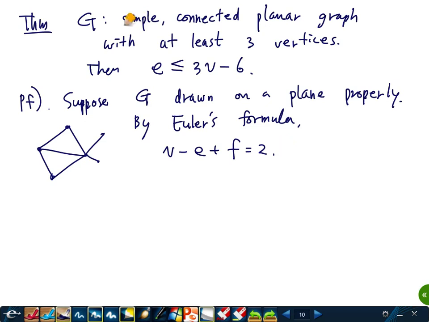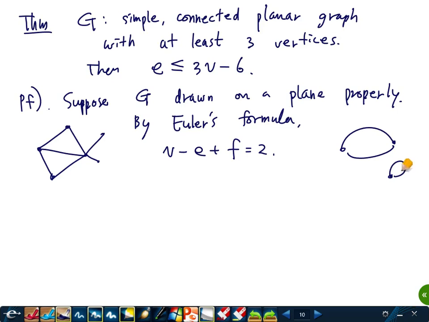Now, by the assumption it's simple, connected, planar, with at least 3 vertices, imagine a face of this graph drawn on a plane. In order to make a face, how many edges do we need? Remember, this is a simple graph. We don't have multiple edges. If we have multiple edges, we only need 2 or even 1 edge to make one face.